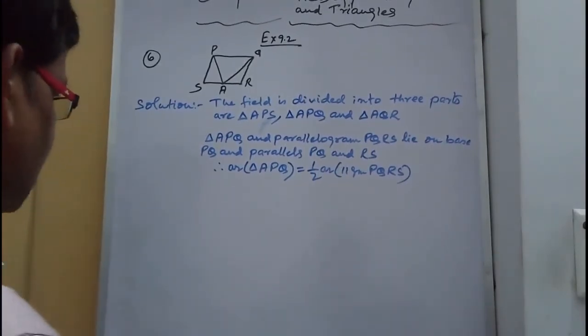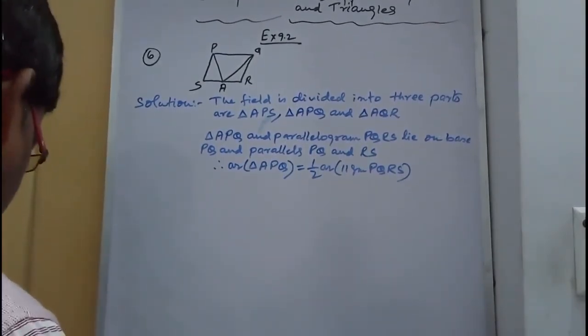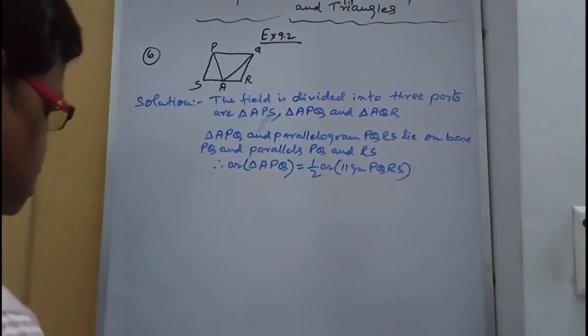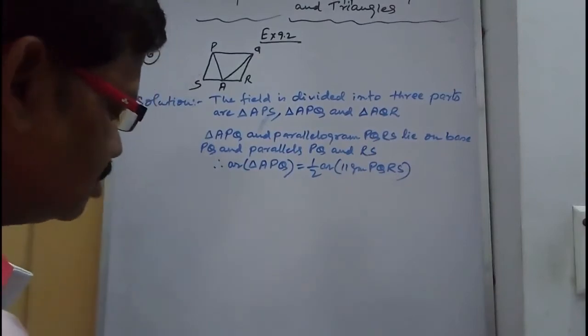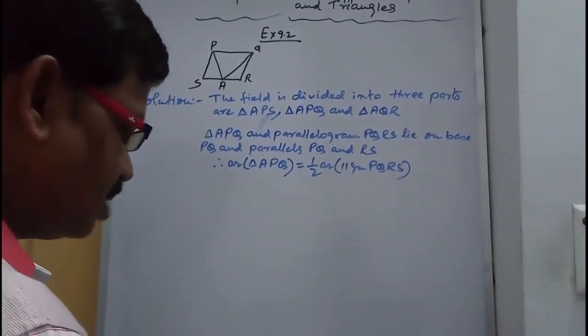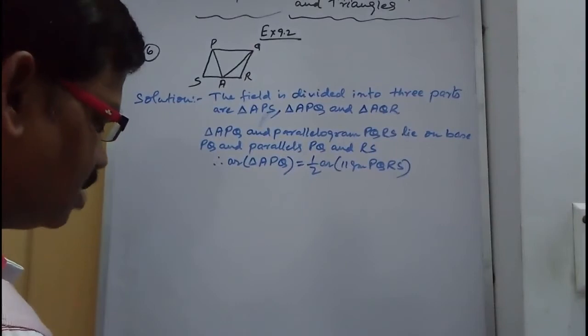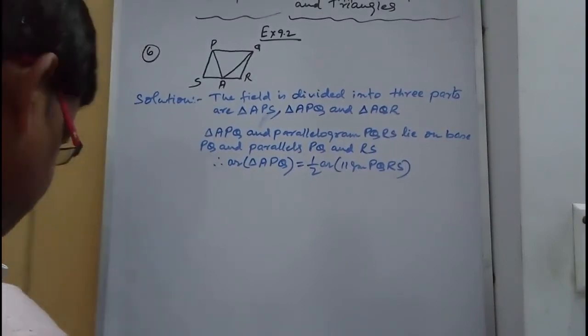Now the question is, what are the shapes of these three parts? The farmer wants to sow wheat and pulses in equal portion separately.